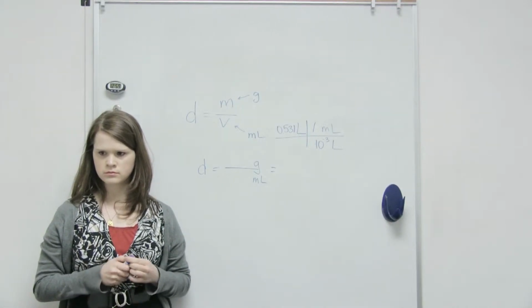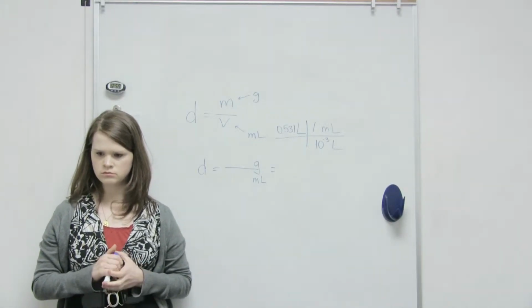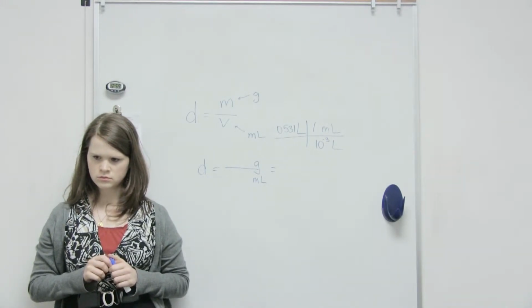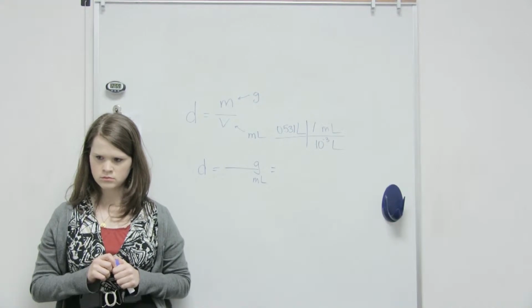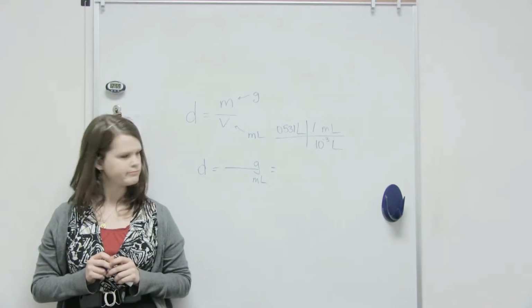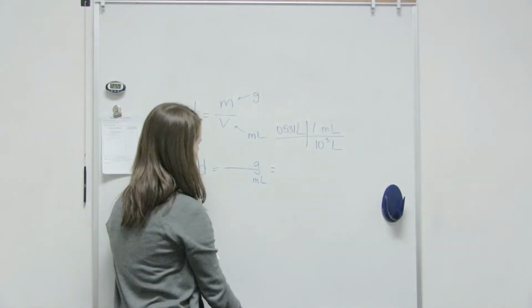Is that what you're talking about? Yeah. It gives you 85.0 grams, it gives you the density and it wants you to find the volume. So you have to move around the equation. Yeah, I like to do that first.